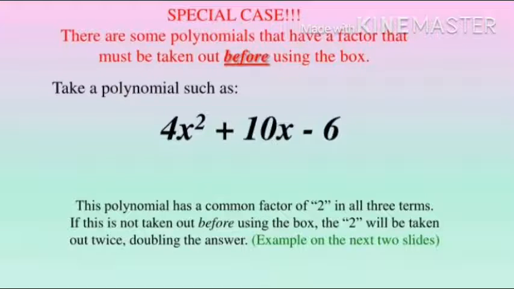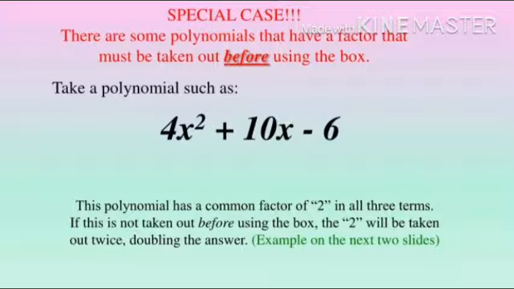Now I am taking an example of one special case. There are some polynomials that have a factor that must be taken out before using the box. Take a polynomial such as 4x square plus 10x minus 6. This polynomial has a common factor of 2 in all three terms.